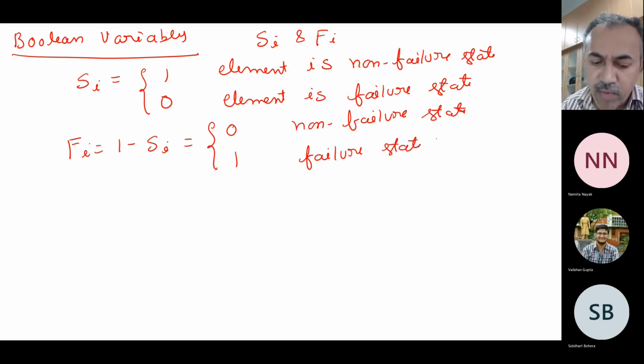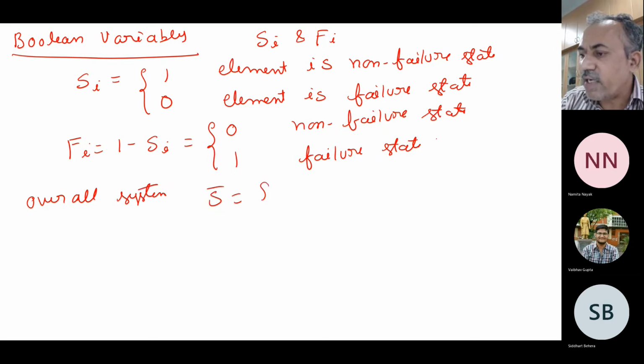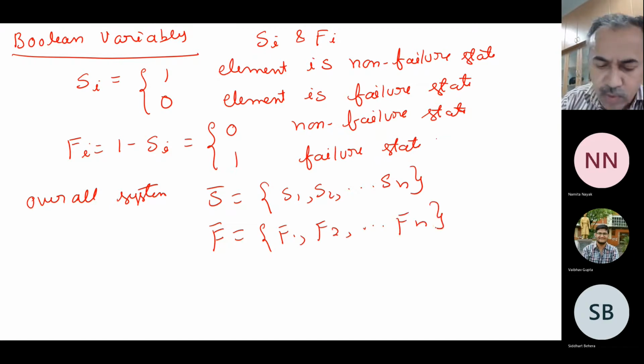Now we have to define the overall system. These are the individual elements, so the overall system contains all the elements S1, S2 up to Sn, and similarly F1, F2 up to Fn.